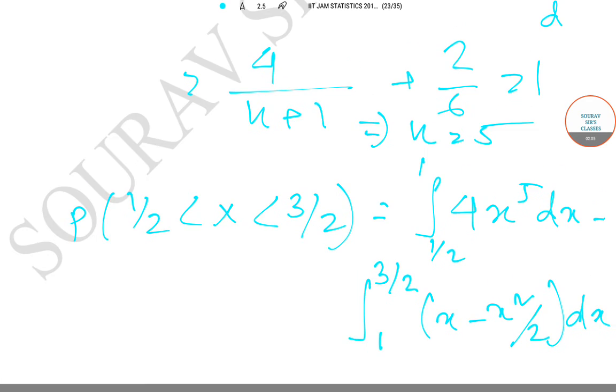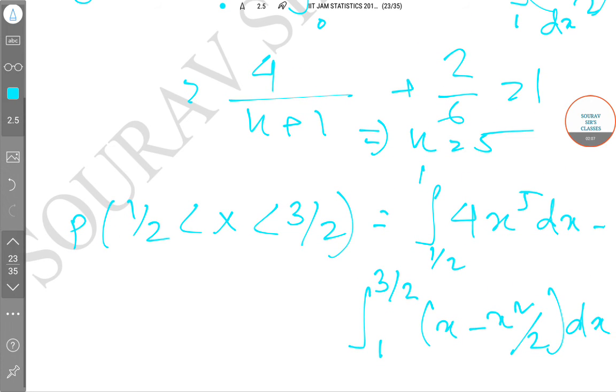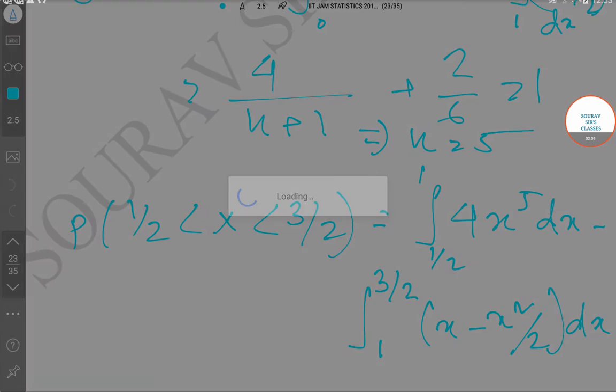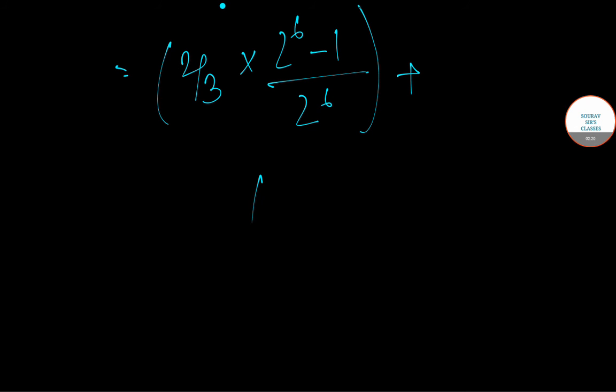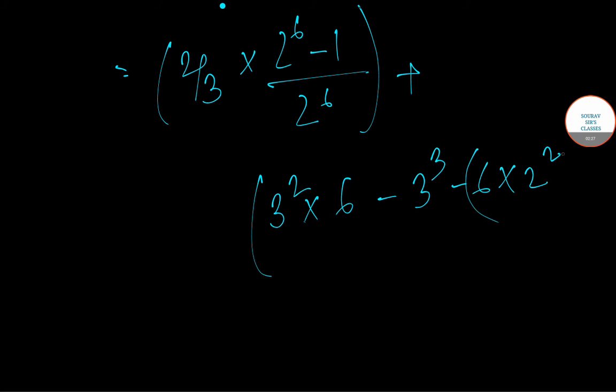We need to calculate this, let me add a page. This equals 2 by 3 multiplied by 2 to the power 6 minus 1 by 2 to the power 6 plus 3 square multiplied by 6 minus 3 cube minus 6 into 2 square plus 2 cube by 6 into 2 cube.